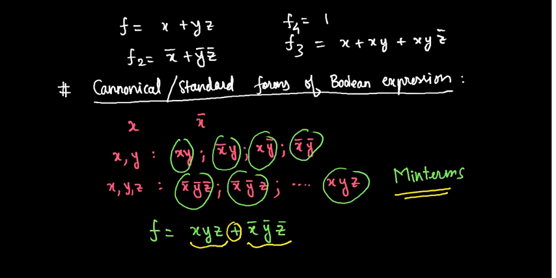So that form is known as canonical sum of products, or sum of min terms, you can say. This is one way of expressing any Boolean function. This is a min term.